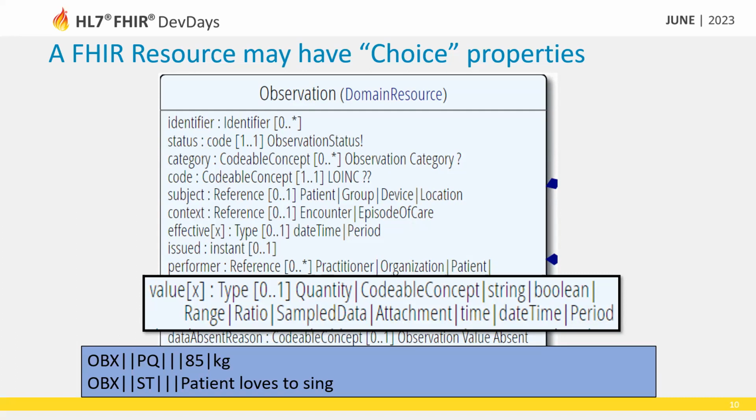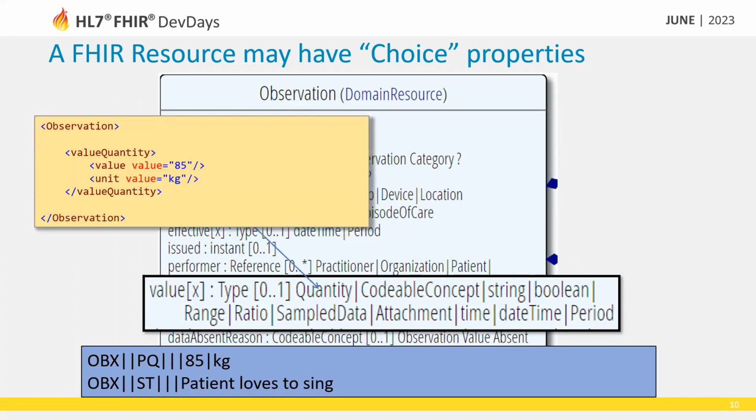It's only at runtime, when you instantiate this model in JSON or XML, because those are the two syntaxes supported by FHIR, then you have to choose the appropriate data type. And the value becomes value quantity. So the X is replaced by the name of the data type that we are choosing.